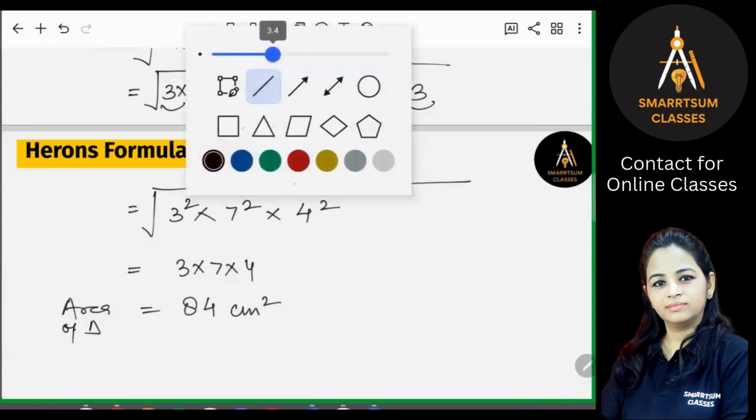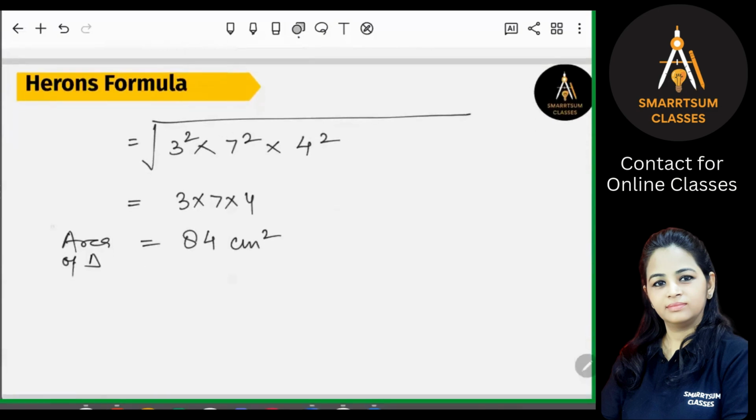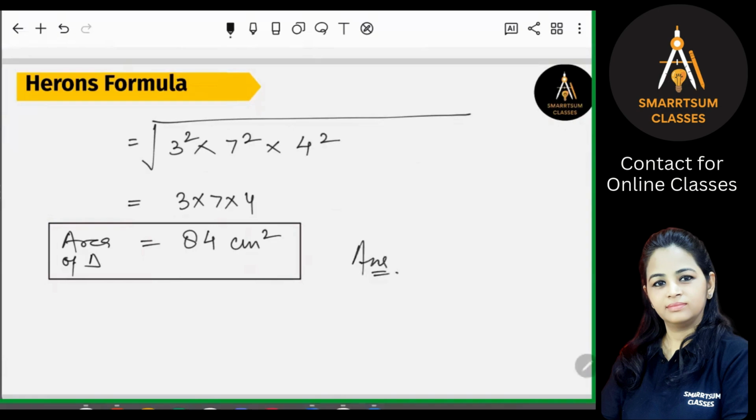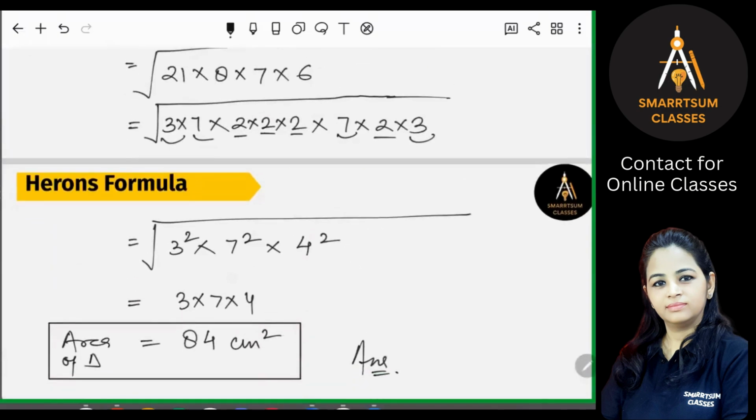So in this way, by using Heron's formula, we have got the area of the triangle whose sides are given. However, its height is not given to us. So we can simply use Heron's formula to find out the area of the triangle. So this is the answer. Please note it down.